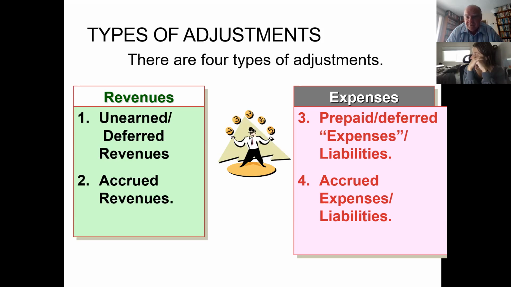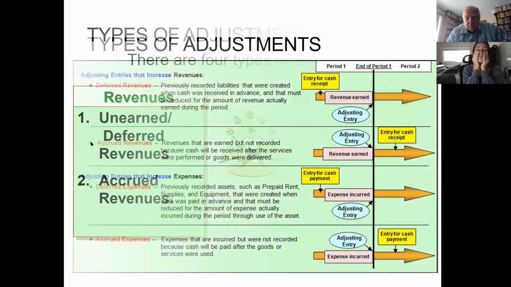And then we've got the expenses. Unearned revenue, prepaids. Have you figured out yet that the unearned revenue and the prepaids are the same thing? The same transaction. It just depends what side of the transaction you are. If you're the one who received the money in advance, you debit cash and credit unearned revenue.